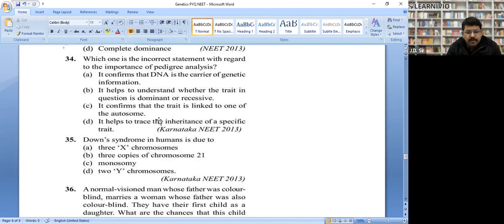It confirms that the trait is linked to one autosome. It helps to trace the inheritance of a specific trait. Which of the following is incorrect? Come on. Very simple.